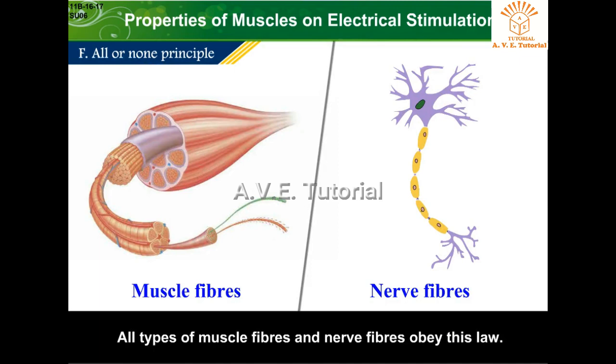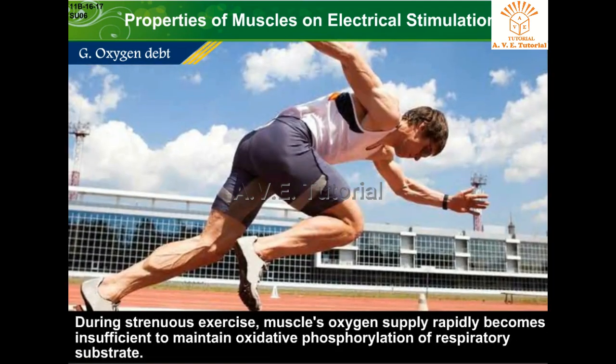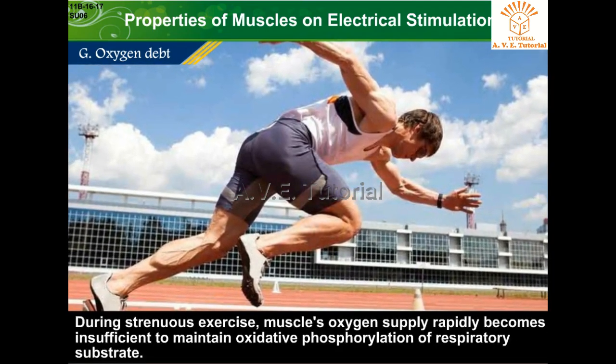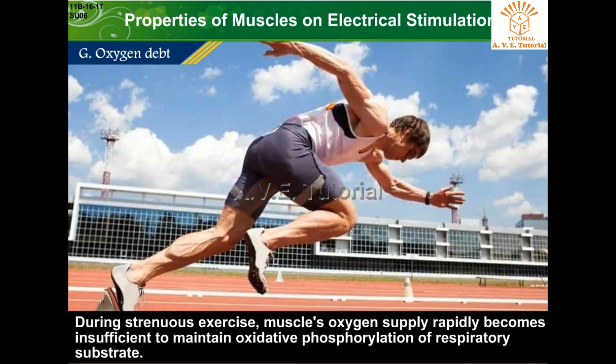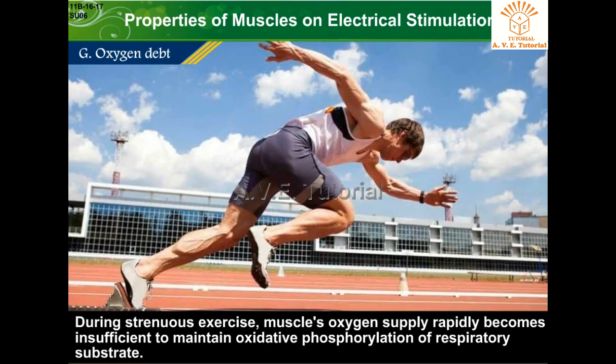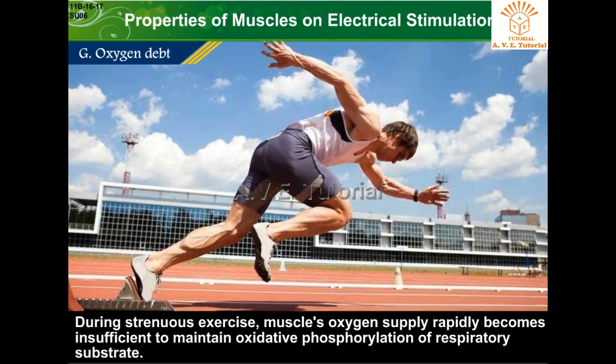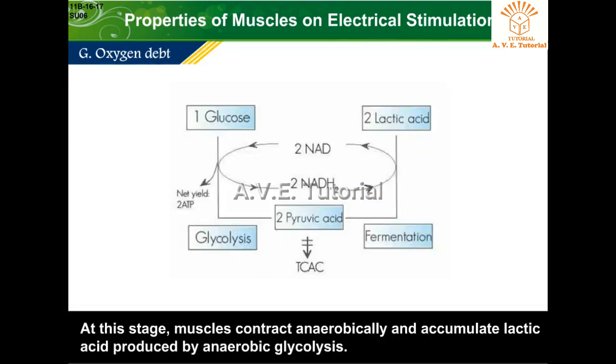G. Oxygen debt. During strenuous exercise, the muscles' oxygen supply rapidly becomes insufficient to maintain oxidative phosphorylation of respiratory substrate. At this stage, muscles contract anaerobically and accumulate lactic acid produced by anaerobic glycolysis.